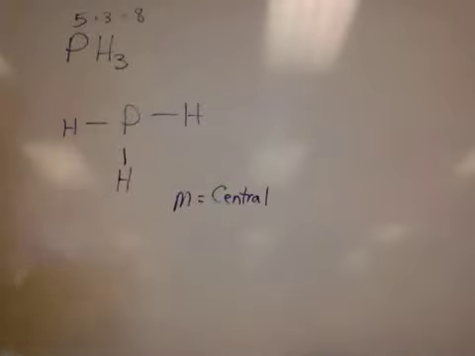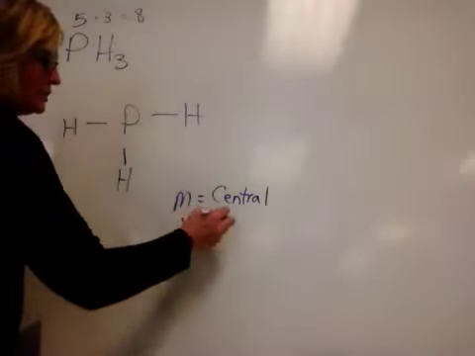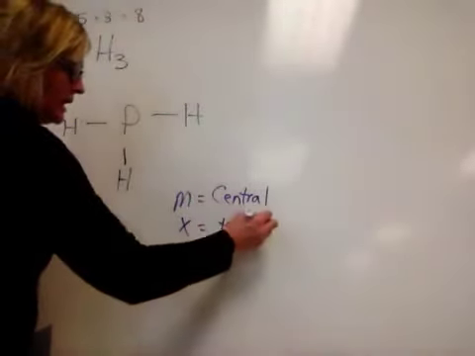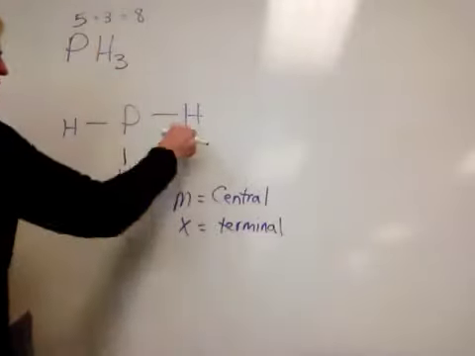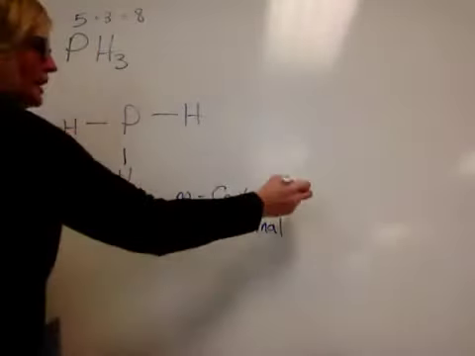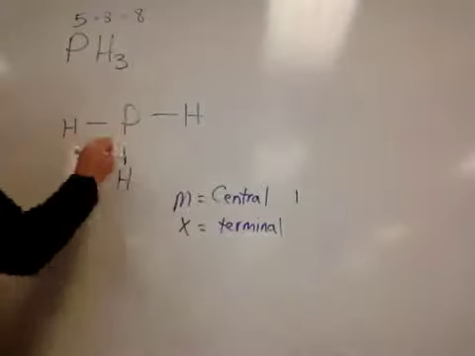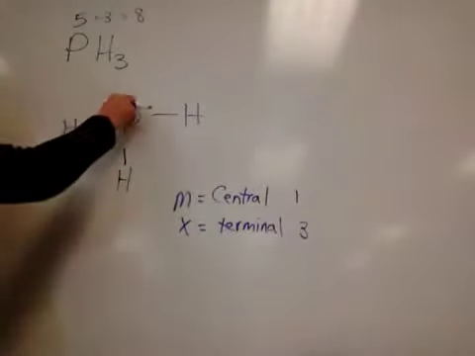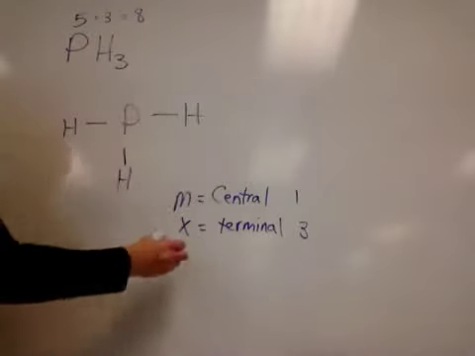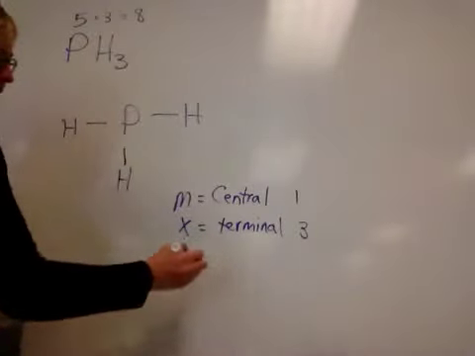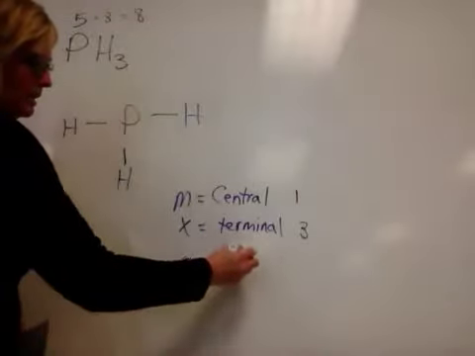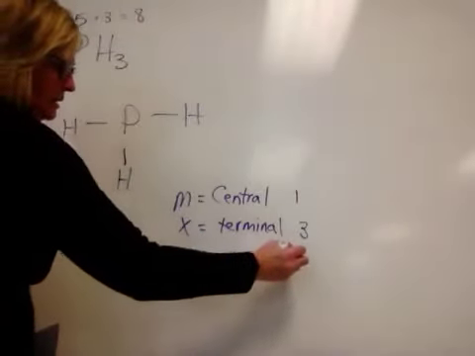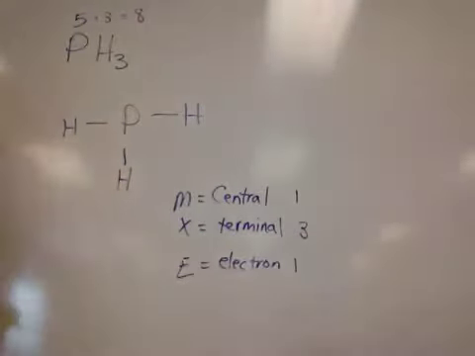On your cheat sheet, the X equals terminal atoms. So my H's are my terminal. So I have 1 M, I have 3 H's, and I have this extra set of electrons, and that's what the E stands for. So my electron pair, I have 1 of those.